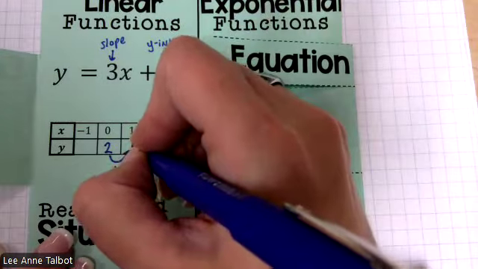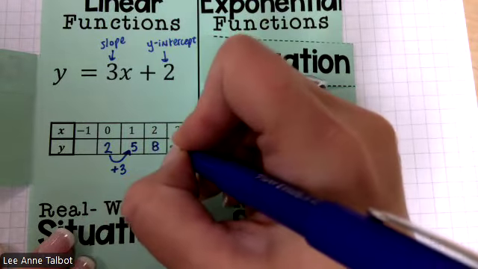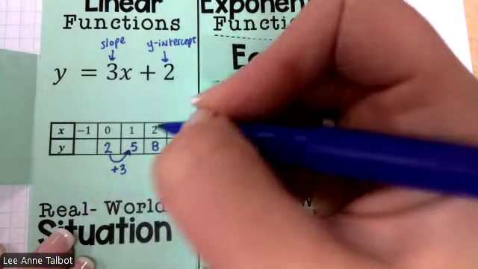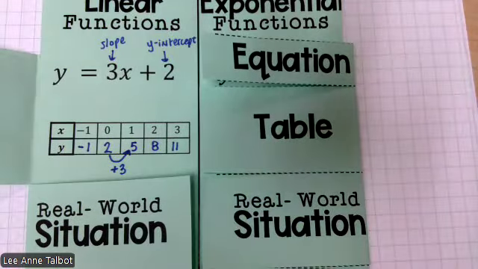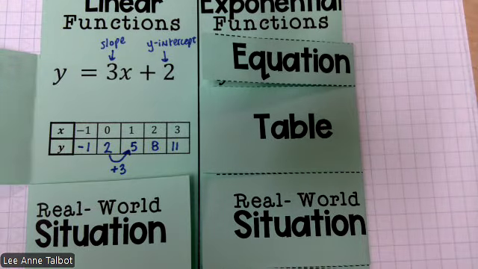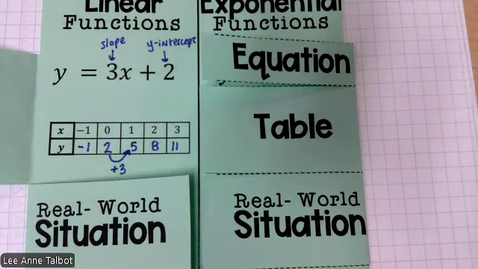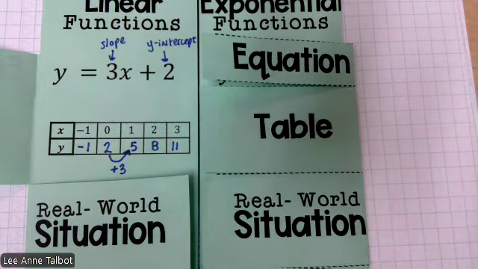So this would be 5, 8, 11, and backwards, -1. Any questions about the table?